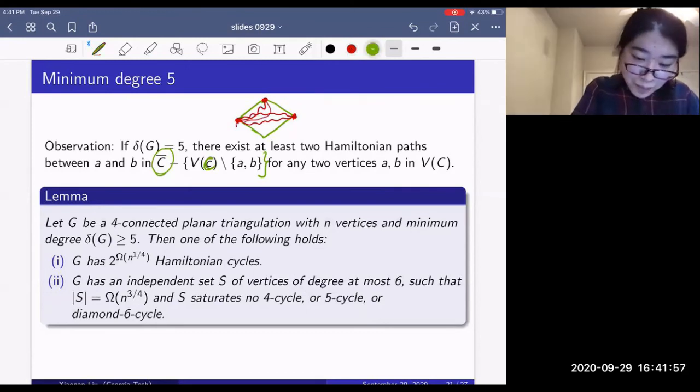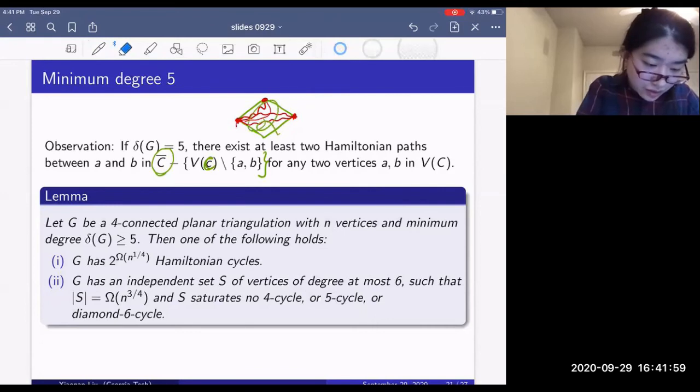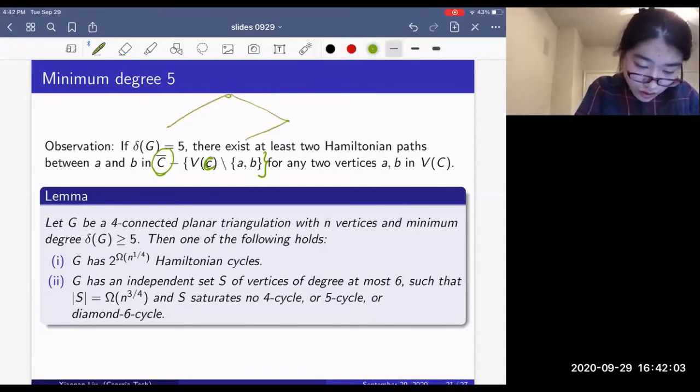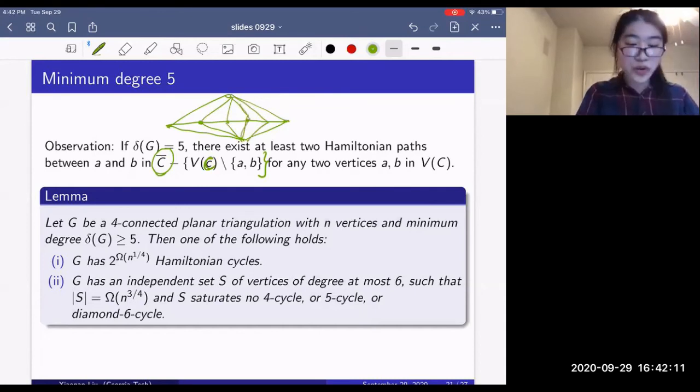Because if we only have one Hamiltonian path, we will have some vertex of degree 4. So this is for UVW.